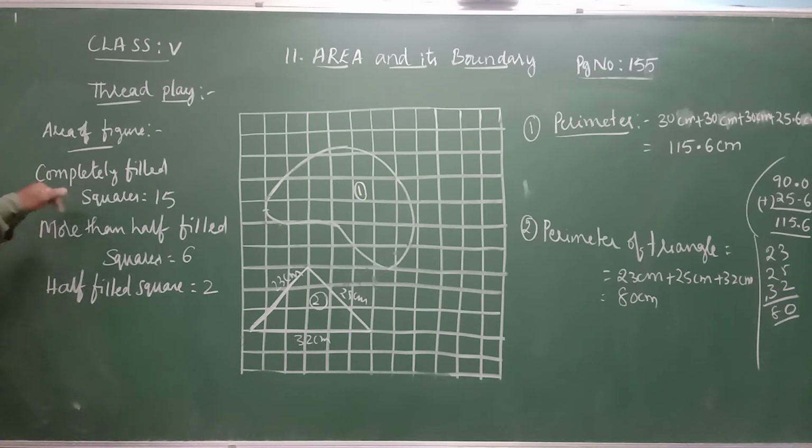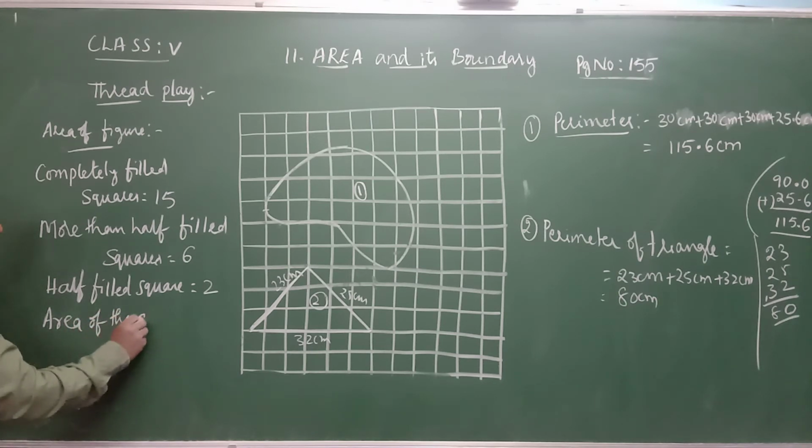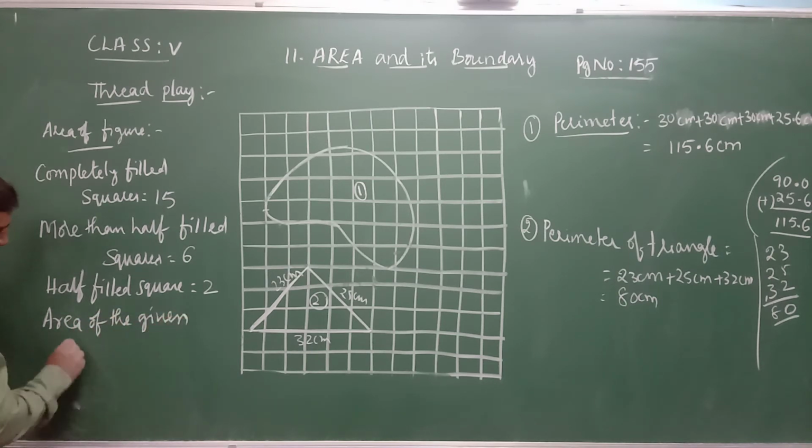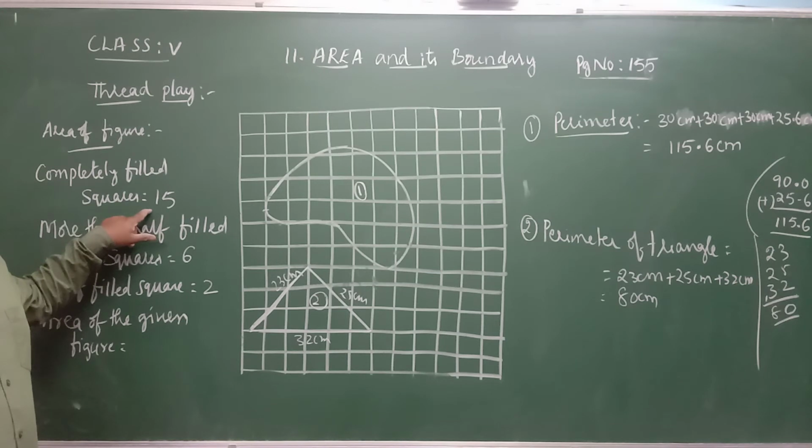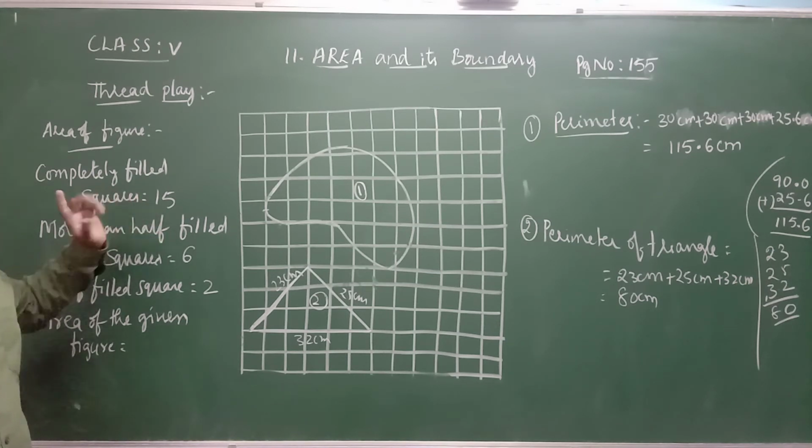Now, area of the figure. Area of the given figure is equal to area of completely filled squares. How many completely filled squares are there? 15.